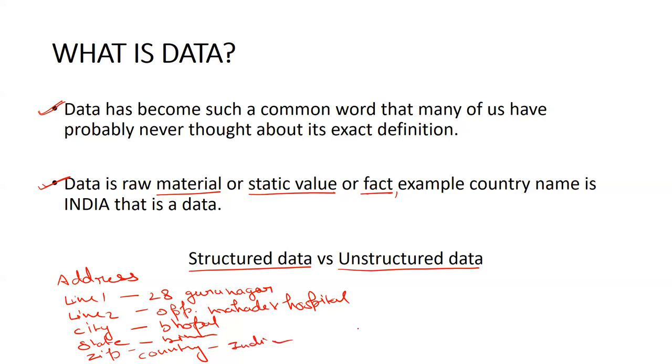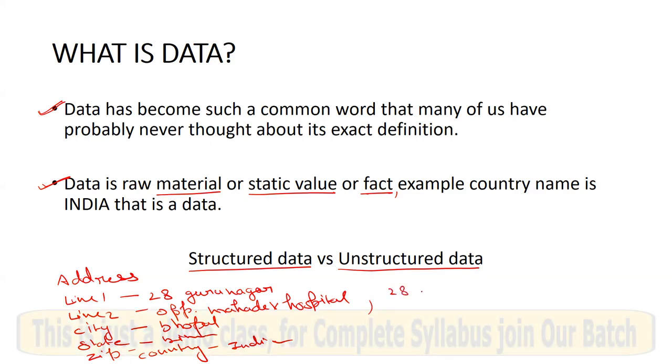Something like this. Suppose that all the lines are differently accessible, like line 1, line 2, city, state, zip, country. Like all the lines are differently representative. Okay. But the address can also be represented like this.